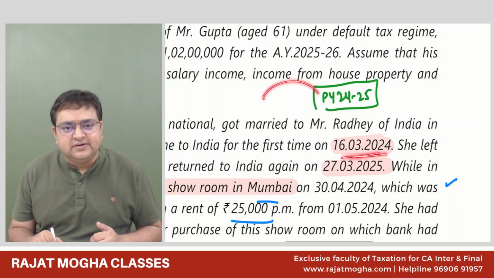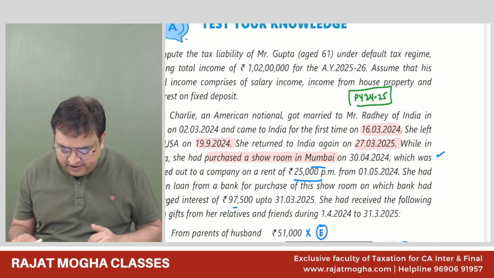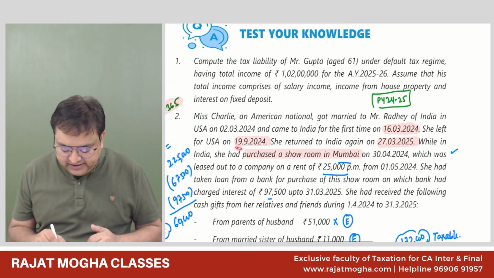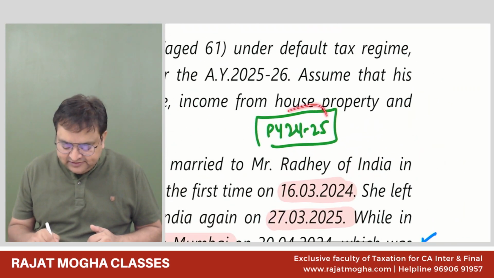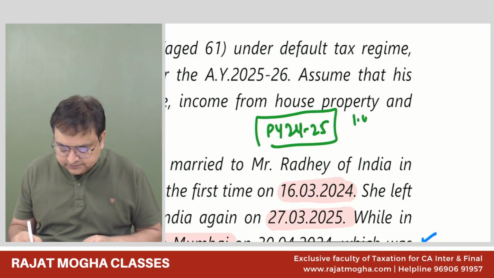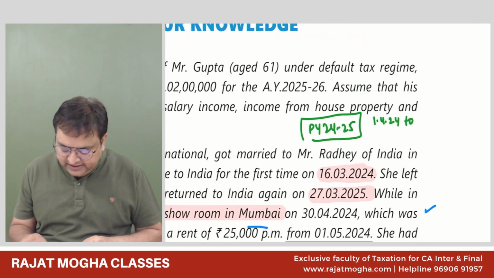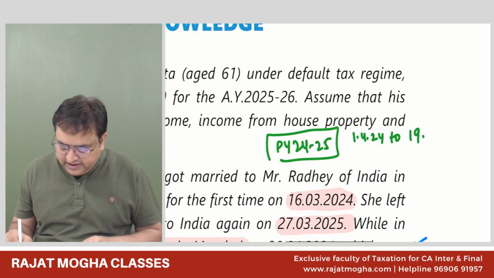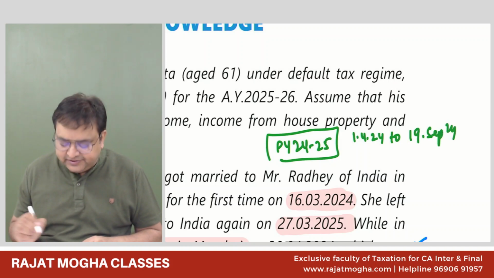So before this year she was here in India, and she went out on 19th of September 24. Although she came a few days before also, this period will start from 1st April 2024, and she was here till 19th of September 24.